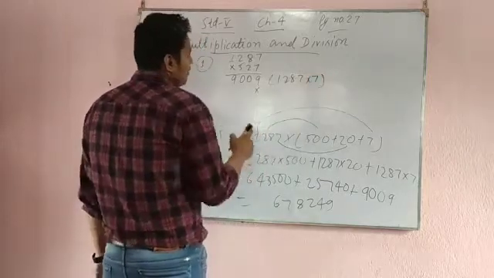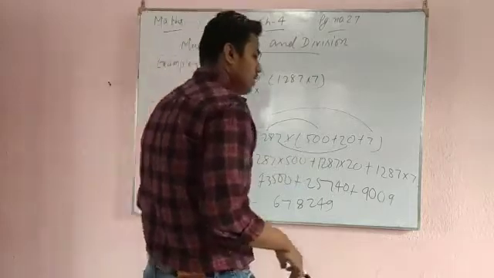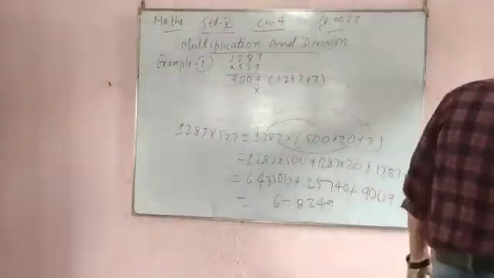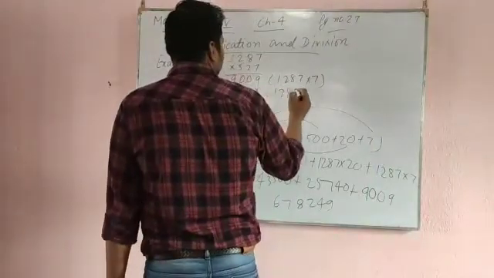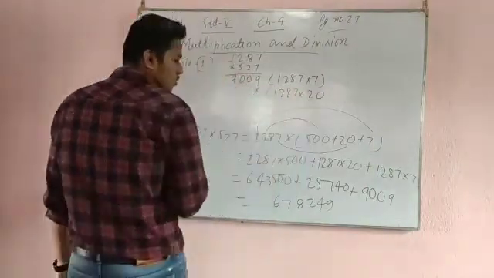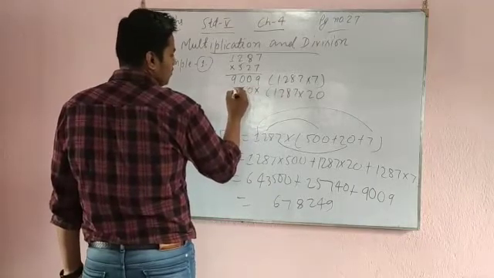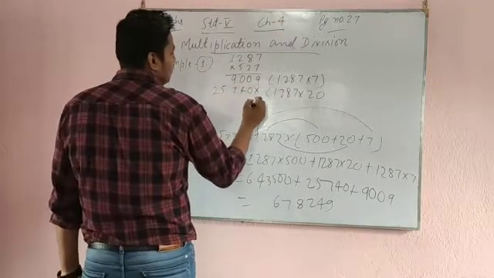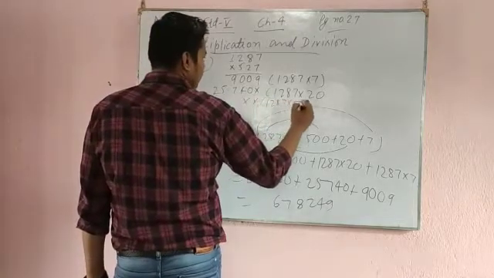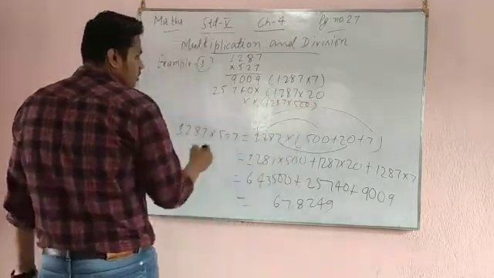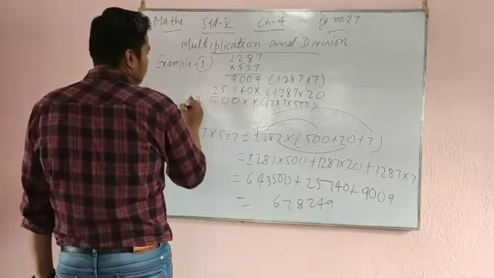Second step is 1287 with 20, and you get 25740. And the third step is 1287 into 500, and you get 643500.